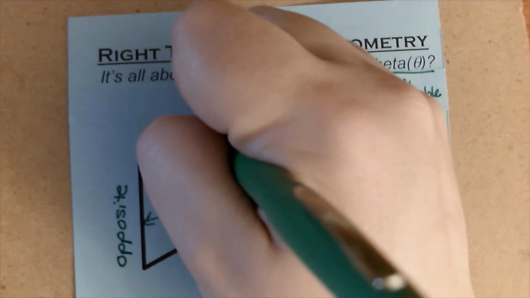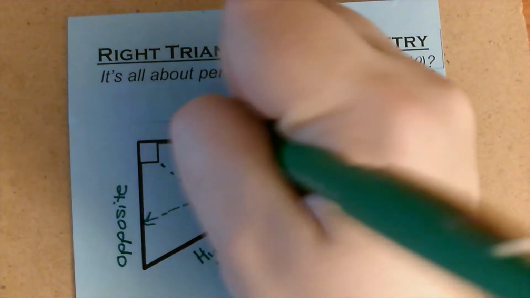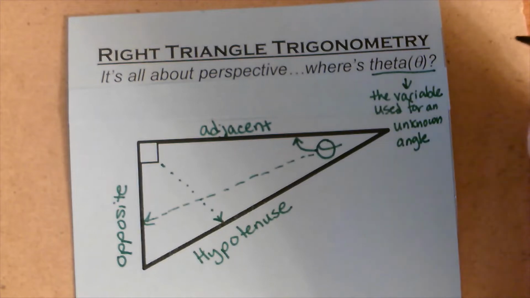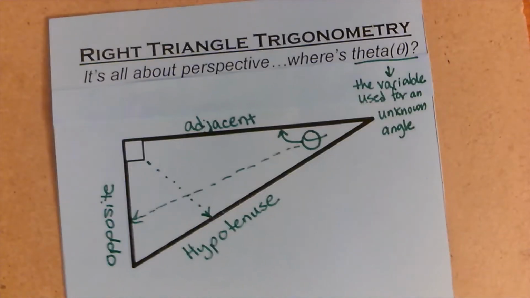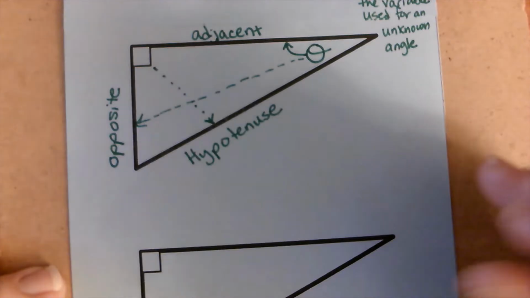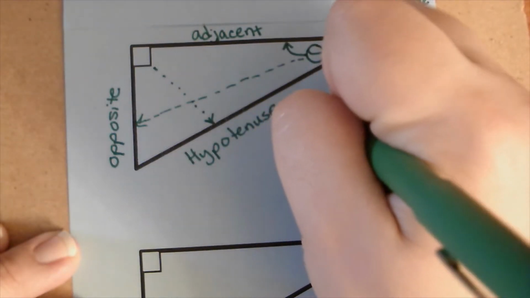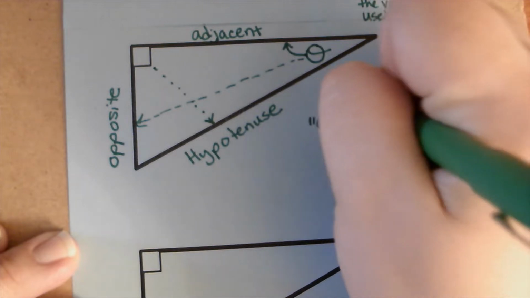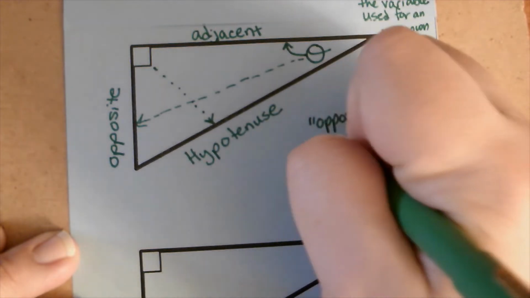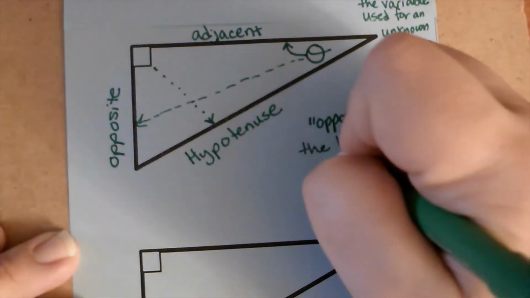We've learned the word adjacent before when we were talking about angles. Now we're talking about the adjacent side, which is the side next to theta. We're going to define both of these terms down below, but here's how it looks in the triangle. Opposite is the leg, since they are right triangles, the leg that is across from the theta.